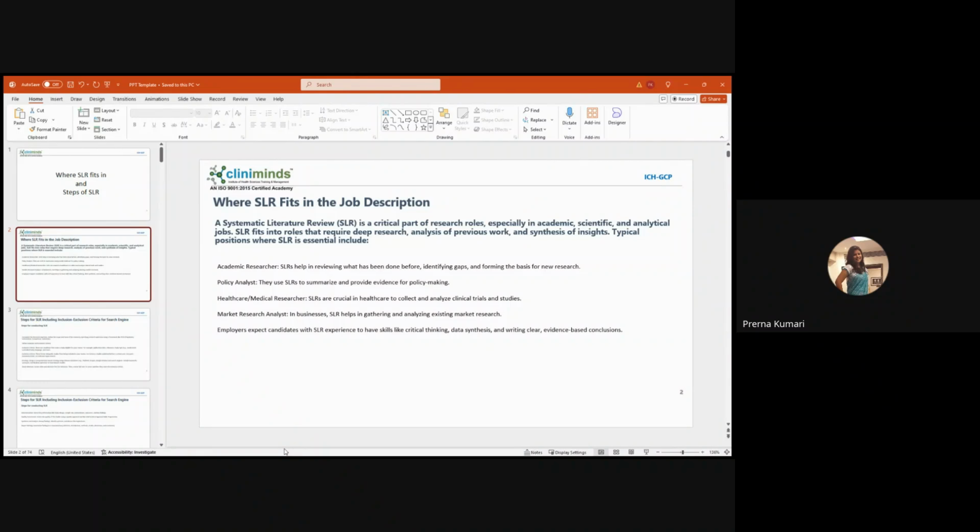When you are part of the academic research, SLR helps in reviewing what is already in the system. In my good old college days, I was working under my professor and doing research on breast cancer. As a PharmD from Manipal, it was clubbed with our hospital. I wrote a paper where I went through the patient files and saw all the data in there.